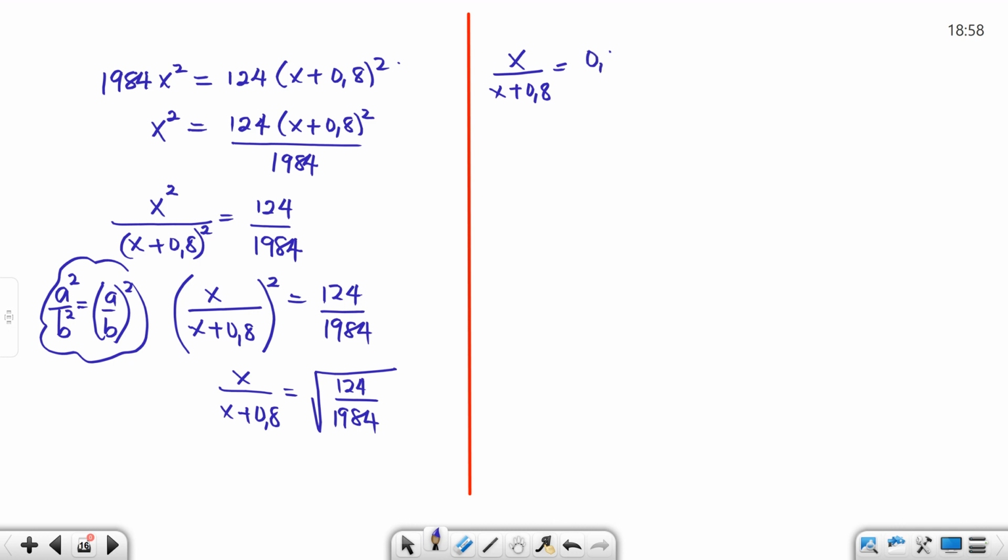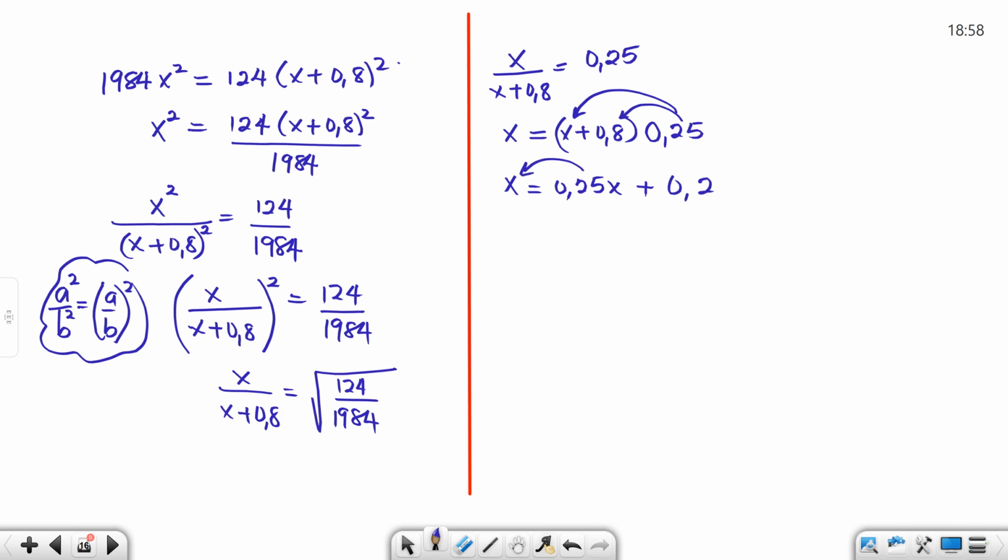All right. So we can now cross multiply. x equals (x plus 0.8) into bracket 0.25. Can we multiply that in? x equals 0.25x plus, what is 0.8 times 0.25? 0.2.